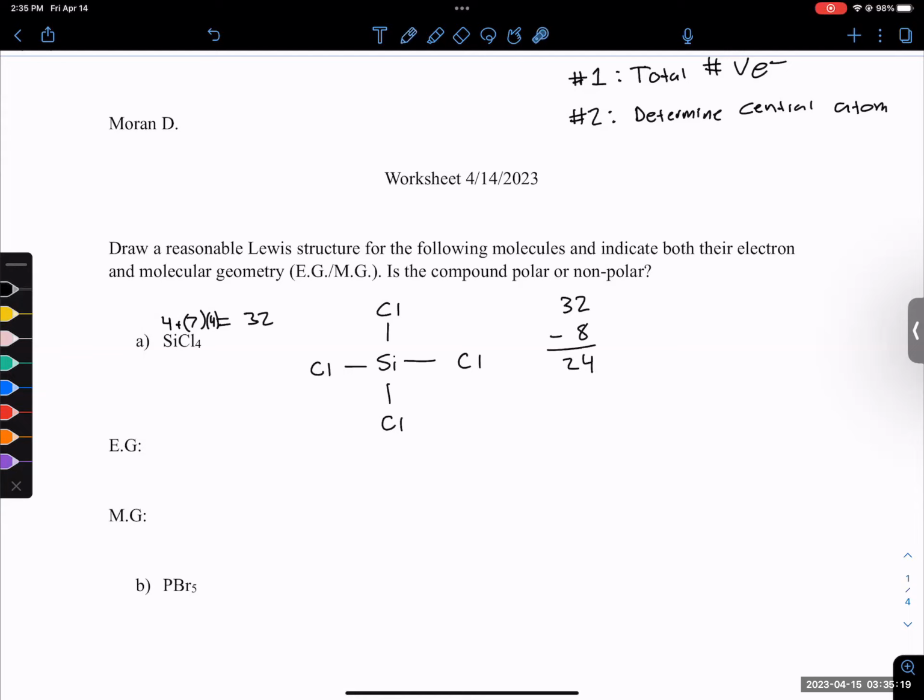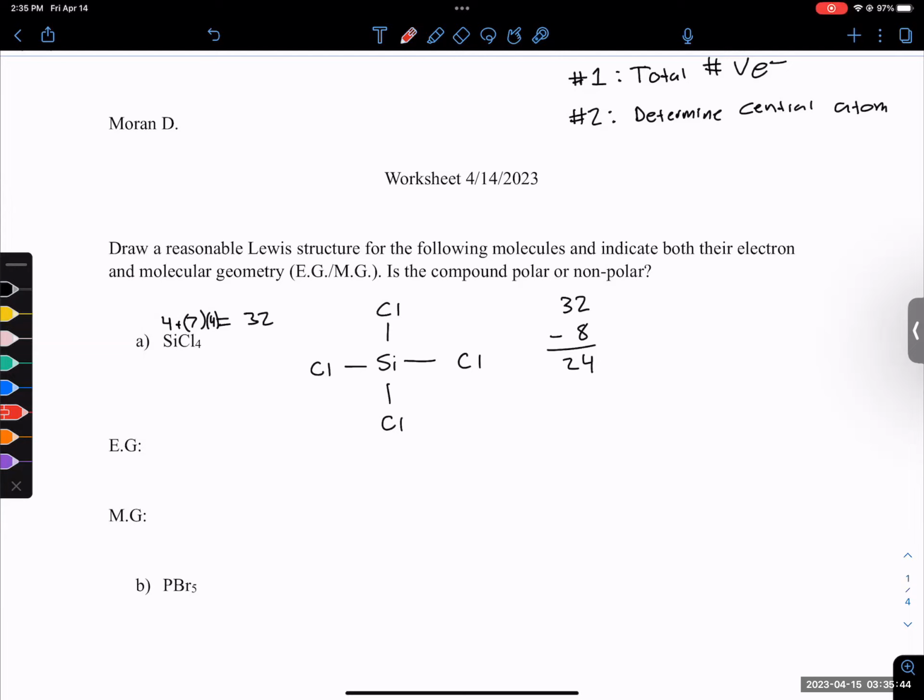And we know that we need to fill in the valence shell of chlorine, because right now chlorine only has 2 electrons because it's sharing these 2 with silicon. And silicon is good actually, because right now it has 8 valence electrons, right? 2, 4, 6, 8. So we don't need to worry about it just yet, but we need to give lone pairs to each chlorine.